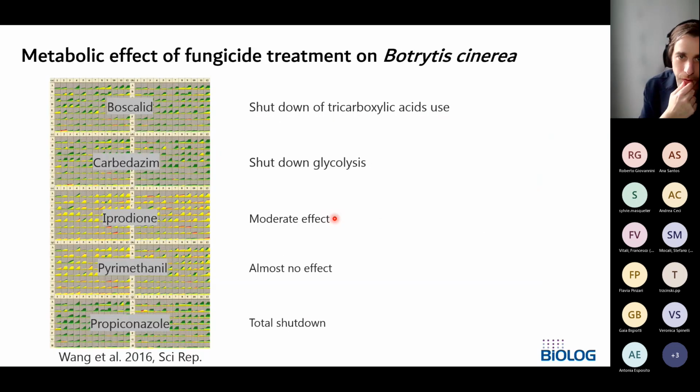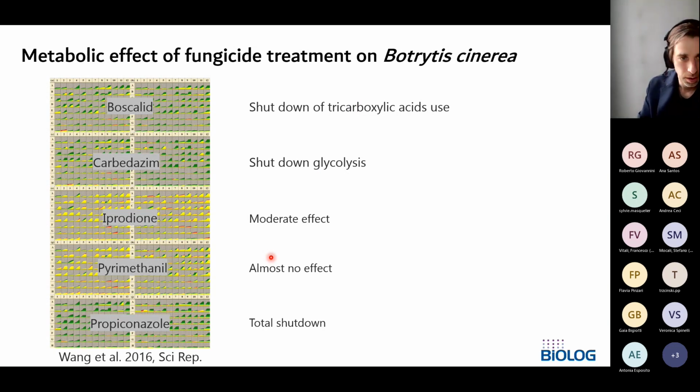And this is an example that shows a fungus like Botrytis cinerea. This is particularly focused only on the carbon metabolism, and 5 different fungicides were tested and showed different modes of action on the metabolism, shutting down glycolysis, the TCA cycle, total shutdown, or no effect.